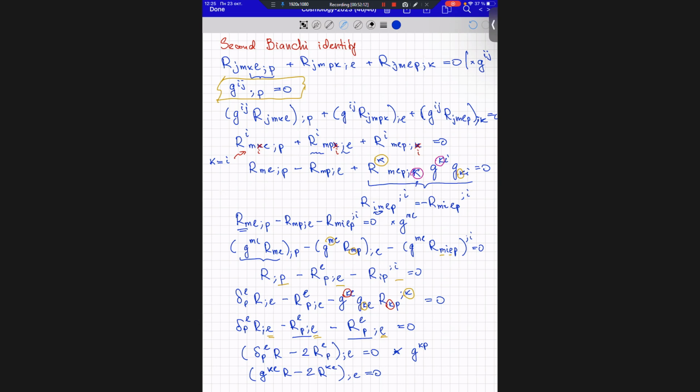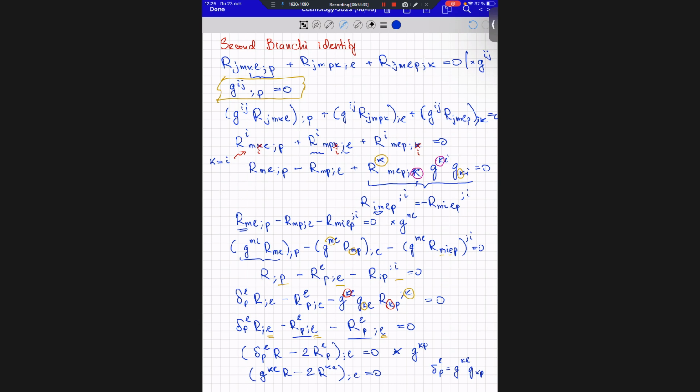Due to the fact that delta L P, this multiplying of two metric tensors gives us the unit tensor.